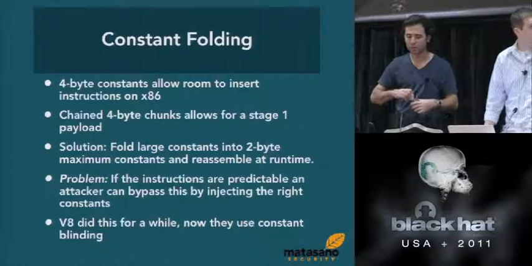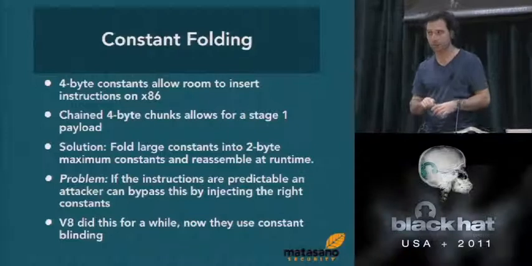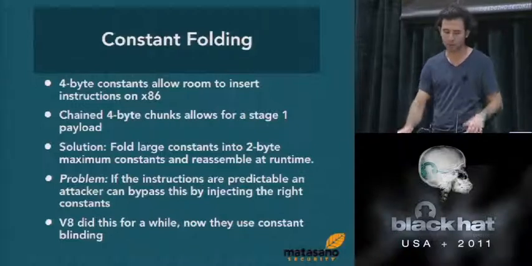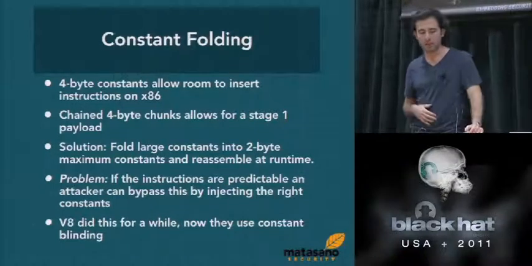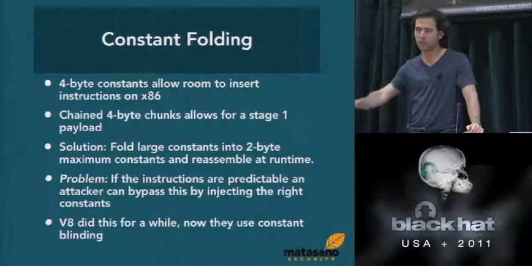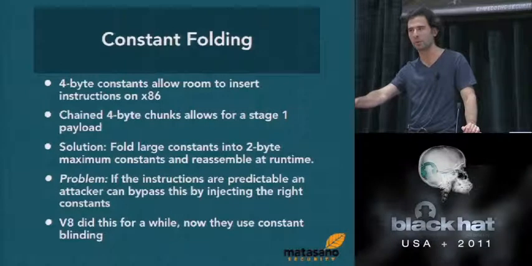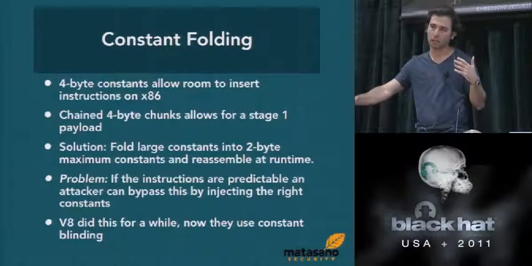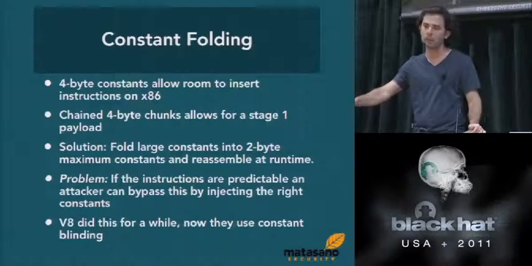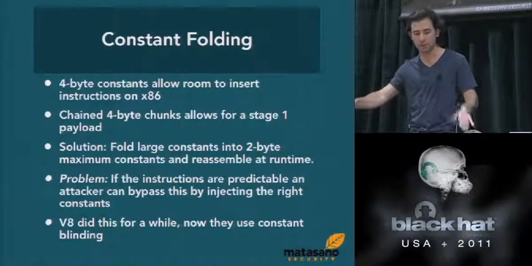So one of the first protection mechanisms created for JIT engines is constant folding. This was made to prevent an attack similar to JIT spray, where you're providing a lot of constants with your own code, trying to place continuous blocks of code into the emission.